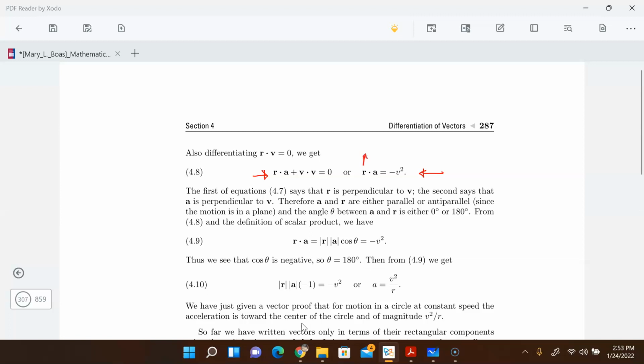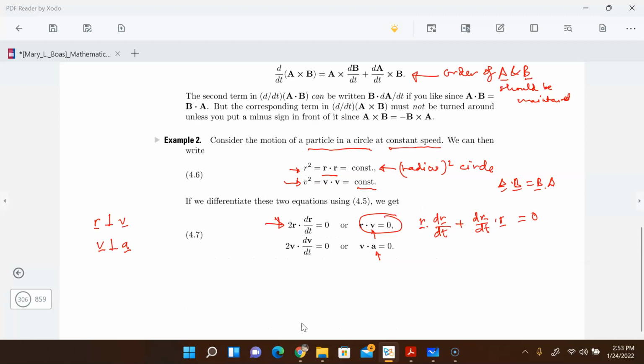Here again we have this idea, remember that r is perpendicular to v, and a is, what was it? Sorry, just forgotten. Your a is perpendicular to v.